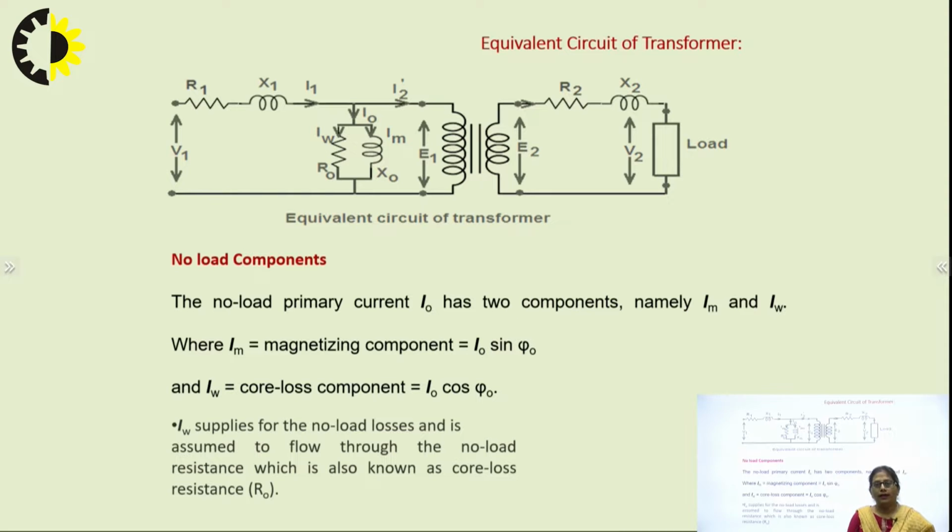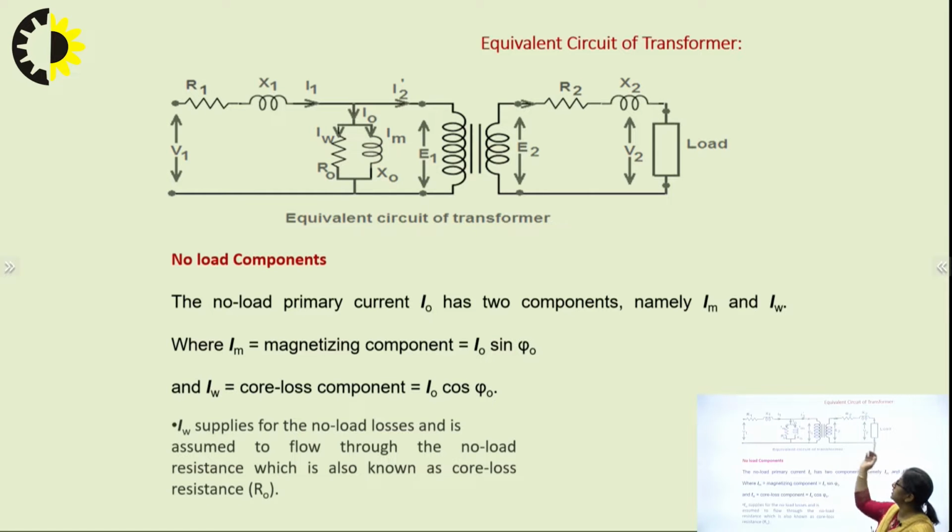But while doing the performance analysis, such as the efficiency or the voltage regulation, we need not consider the two circuits separately. We can have a single circuit so that the calculations are simplified. For that we can always represent a transformer with its equivalent circuit.